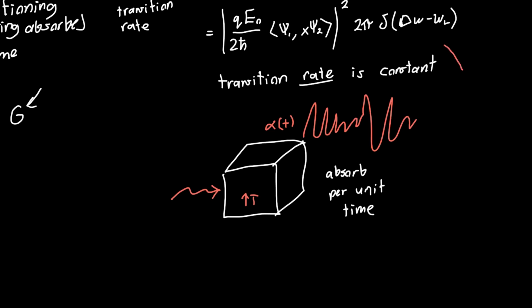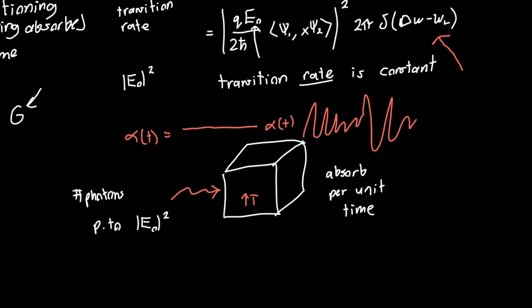And this is exactly what Fermi's golden rule is telling us. So we just expect the absorption to look like this as a function of time. We expect it to be flat. This also tells us something we already knew. This has the magnitude of the electric field squared inside it, which means that the number of photons absorbed is proportional to the magnitude of E naught squared, which is just the intensity of the light.